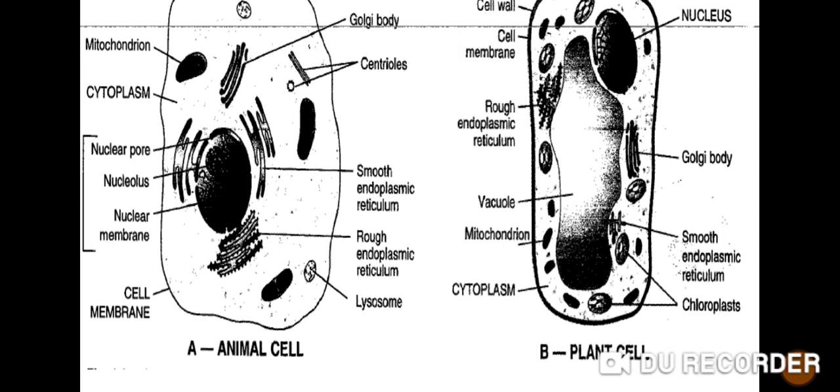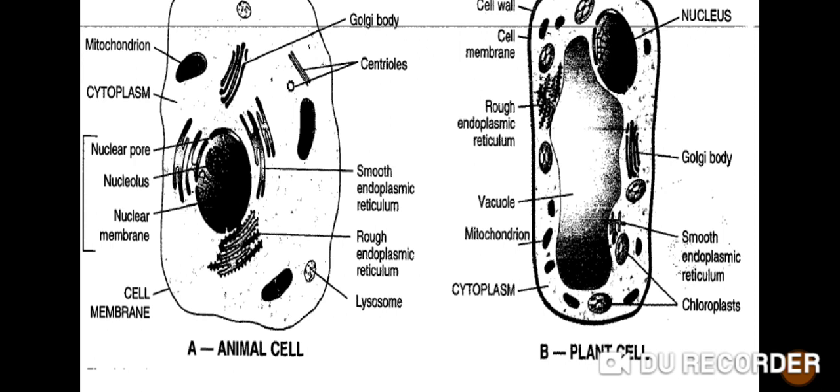And coming to the plant cell, the outer membrane is a thick cell wall, which is required for rigidity and provides strength to the plant cell. Similar to the animal cell, we find nucleus, cell membrane, rough endoplasmic reticulum, smooth endoplasmic reticulum, mitochondria, and Golgi bodies.